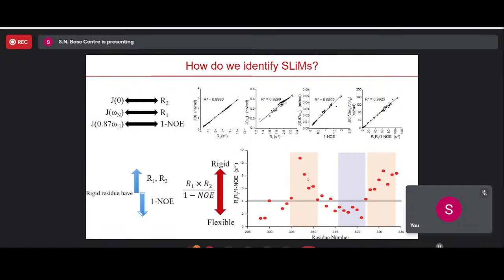So that ω is this. There is an expression for how J0, J(ωN), and J(ωH) are related to these three experimental parameters. So if we know these three, we can calculate the spectral density values at these three frequencies.